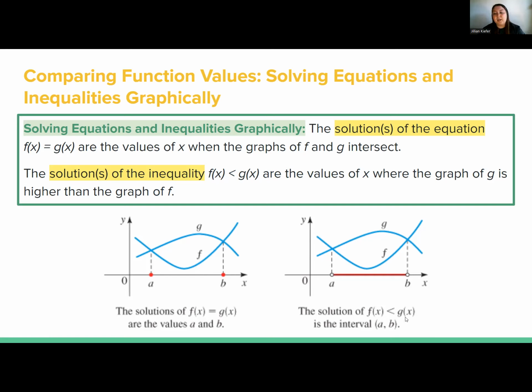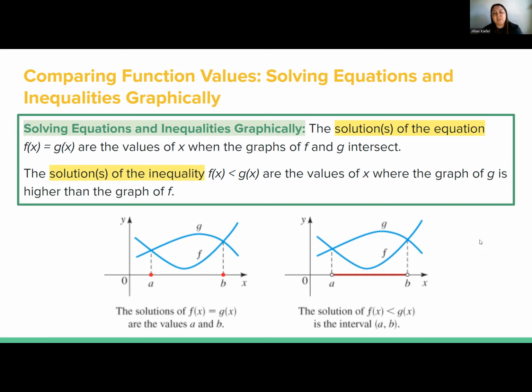Then, since we have this strict inequality, we don't actually include a or b because that's where they're equal, and we wanted to know when it is strictly less than. So we would say that our solution of f of x is less than g of x is the interval from a to b, where we don't include a or b since they're equal, not less than.